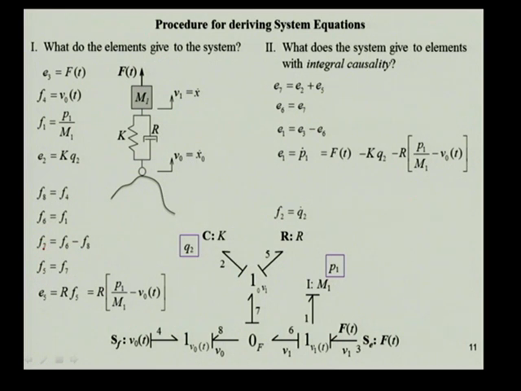So you don't have to worry about it. In fact, flow 2 is equal to flow 7, and flow 7 has been worked out, so it is equal to P1 upon M1 minus V naught.